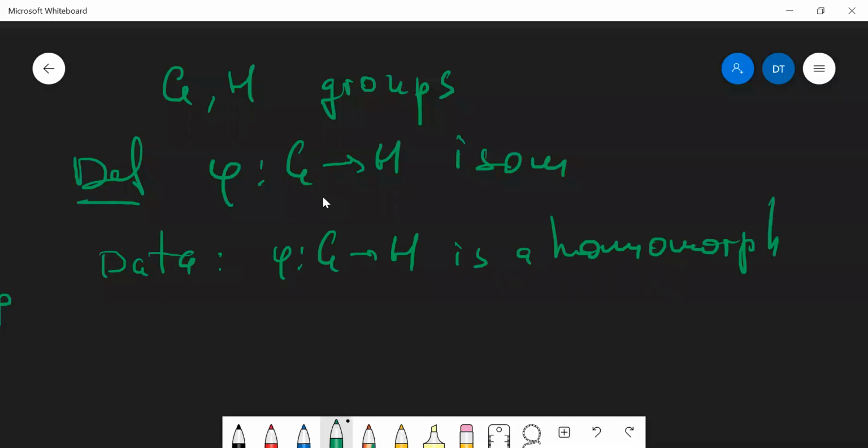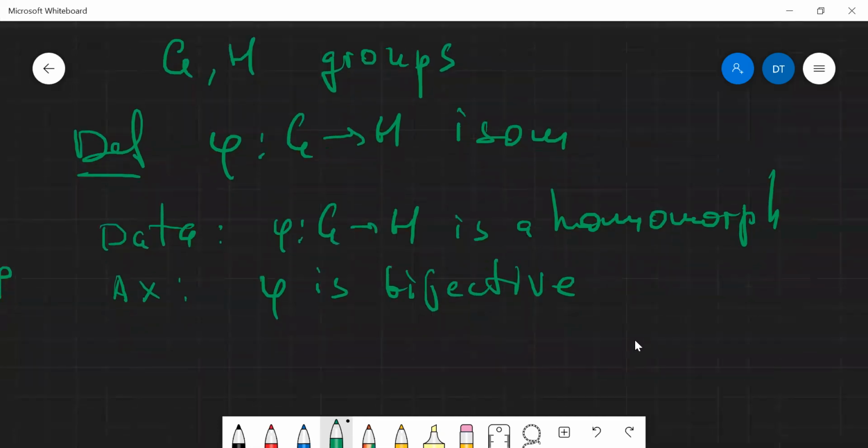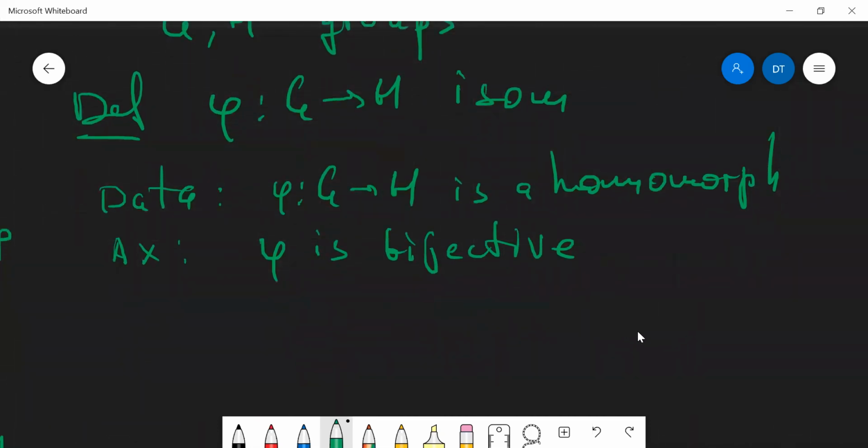And what kind of axioms do we have? Well, phi must be bijective. So it's one-to-one correspondence between elements of the groups. So let me formulate this in a different way.